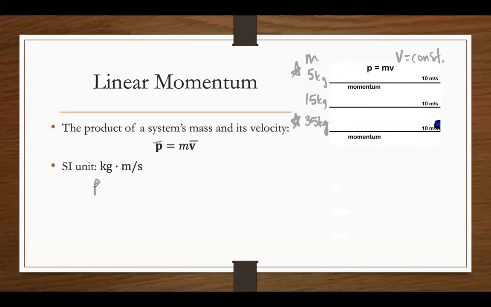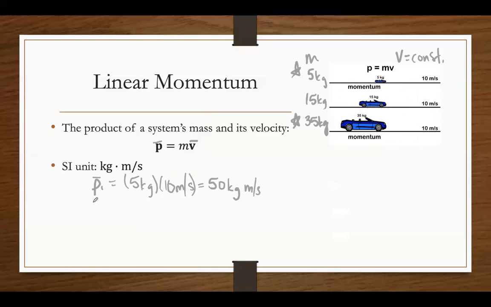So my first momentum here is going to be my mass, which is 5 kilograms, times my velocity, which is 10 meters per second. If we multiply 5 times 10, that's obviously 50 kilograms meters per second.